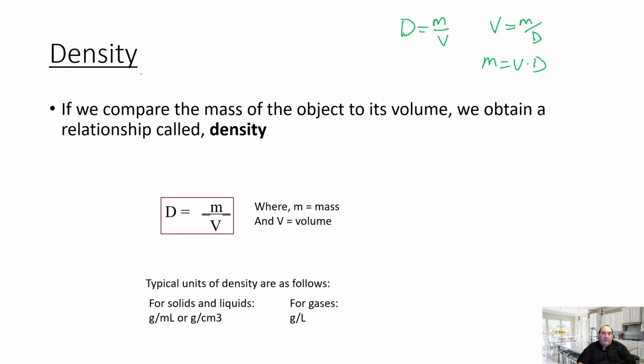Sometimes people remember this by the world famous, not sure how world famous it is, DMV triangle. Density is mass divided by volume. Volume is mass divided by density. Mass is volume times density. So a DMV triangle there sometimes will be a good way to remember how to rearrange that correctly.